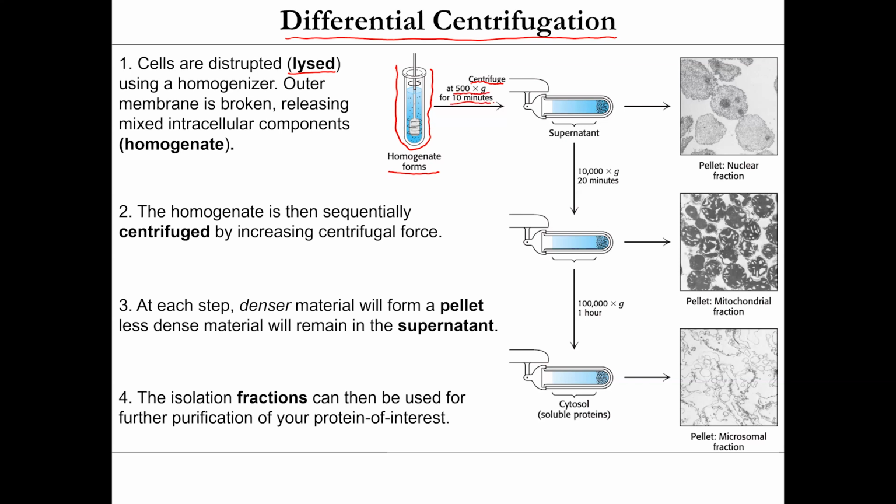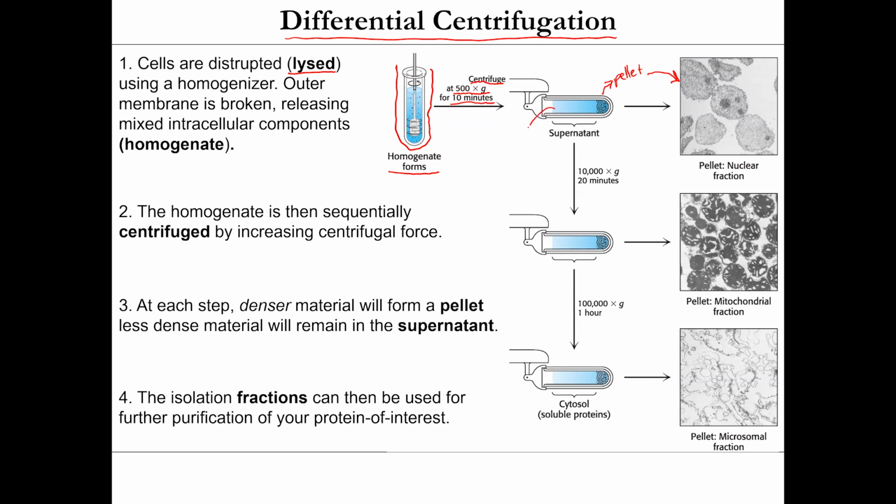In this example, it would be 500 times g, so 500 gravity forces for 10 minutes. That would then separate the nuclear fraction in the cell away from the cytosolic fraction. The nuclear fraction would be in this pellet here.